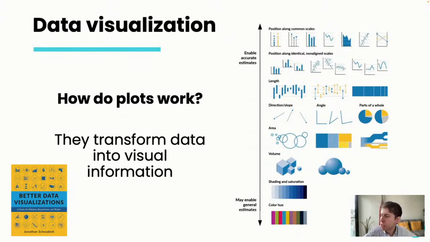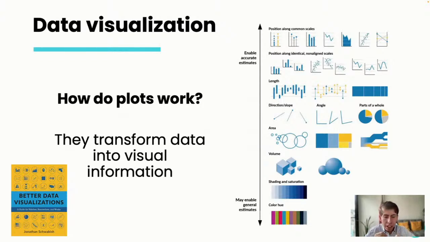And going down that scale, you could use shading and color hue to also communicate more categorical or even numerical information. So this is just a small and maybe incomplete inventory of many ways that plots transform your data into visual information that your readers and your audience can understand.